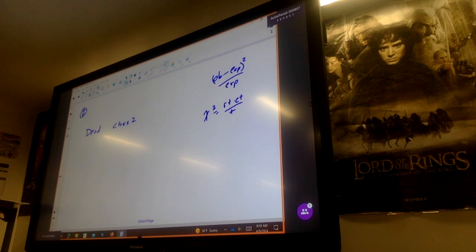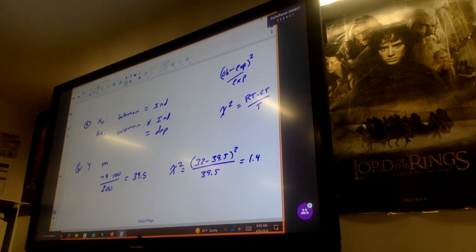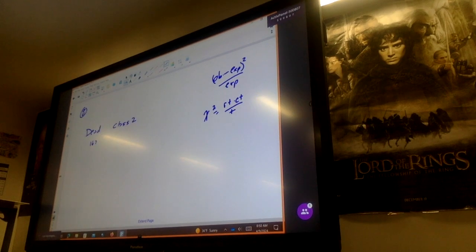Alright, so observed. So we want dead 2. So dead 2, you're talking about dead in class 2, there is 167. Alright, so observed minus expected over the expected. Alright, so we have to figure out where we get there.